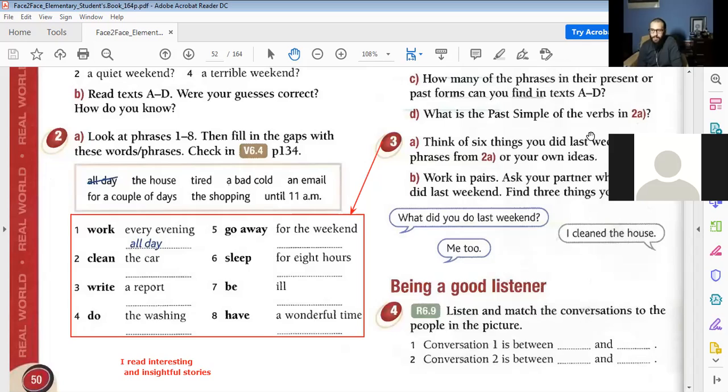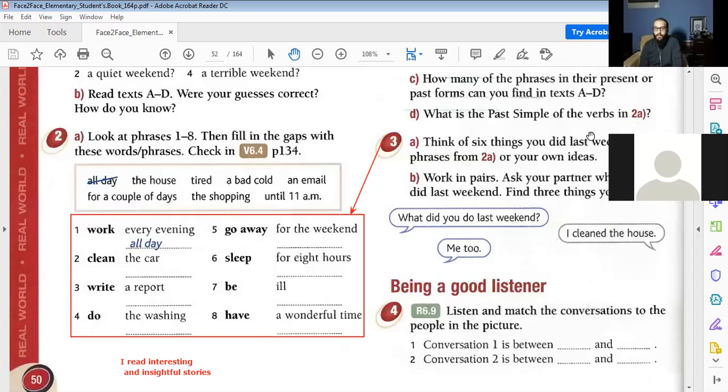Okay. What about you, Rana? Can you tell us about your weekend? Some of the things you did? Okay. I cleaned the house. And you can use other verbs.